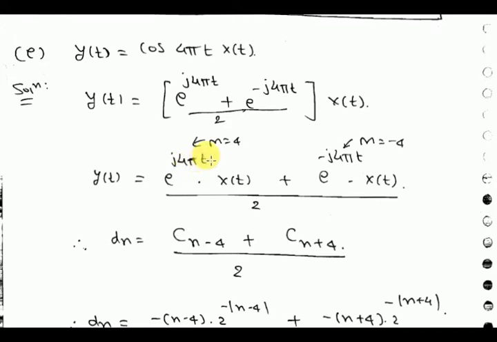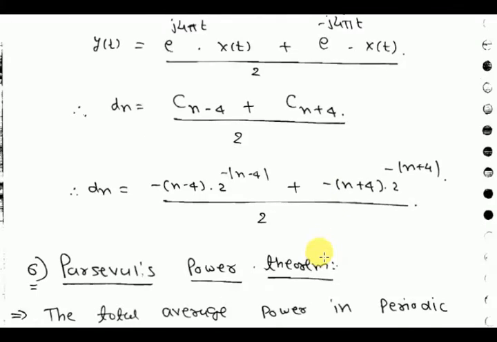Here m is 4, so we get Cn minus 4. Remember, in time shifting the same sign is applicable, but in frequency shifting the opposite sign applies: for plus 4 we take minus, and for minus 4 we take plus.